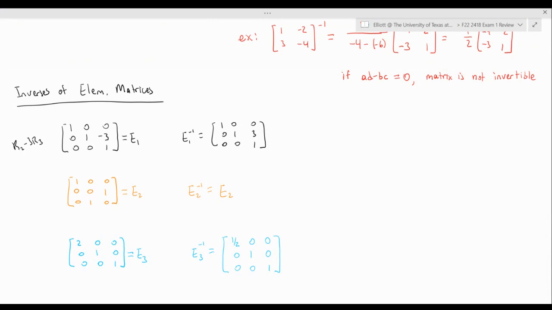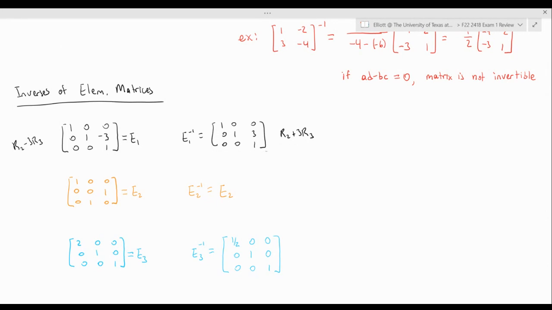So if you subtract 3 of row 3 from row 2, you can undo that by adding 3 of row 3 back to row 2. So row 2 plus 3 row 3 is the inverse row operation to row 2 minus 3 row 3. And then the elementary matrix that corresponds to this row operation, that's this guy here.